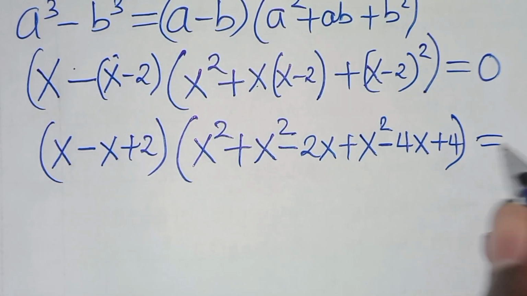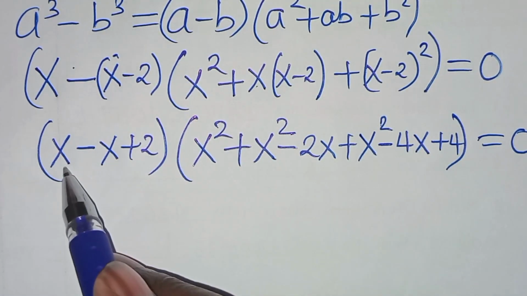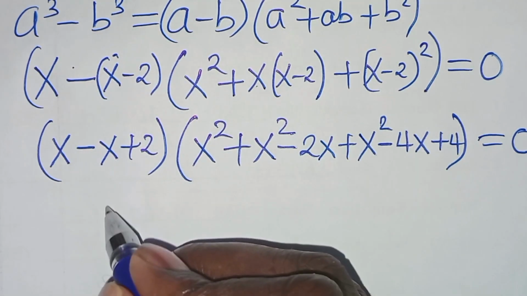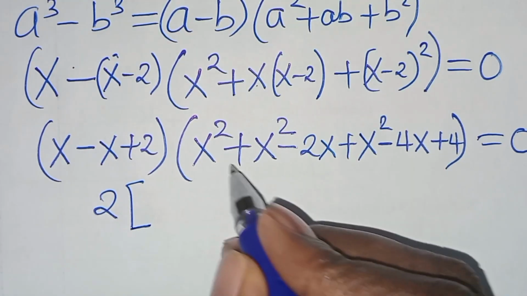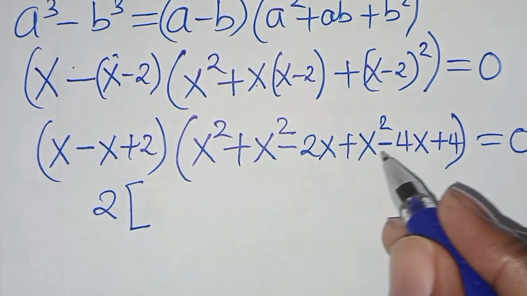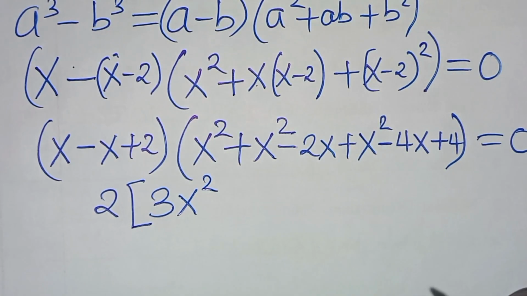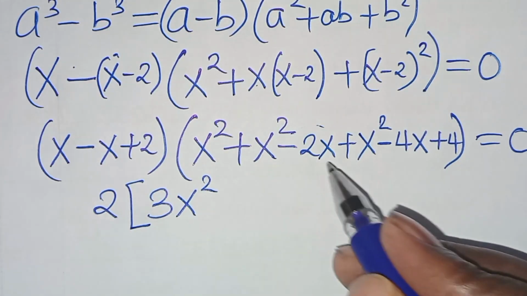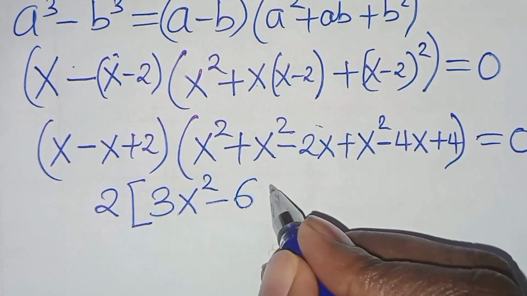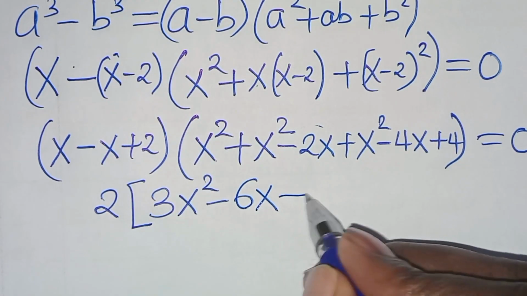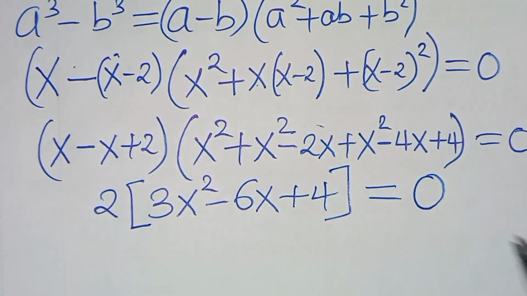This is equal to 0. Now, clearly here, you can see x minus x is equal to 0. So we have 2 multiplied by x squared plus x squared plus x squared, this is 3x squared. Then minus 2x minus 4x, this is equal to minus 6x. Then plus 4, close the bracket here.